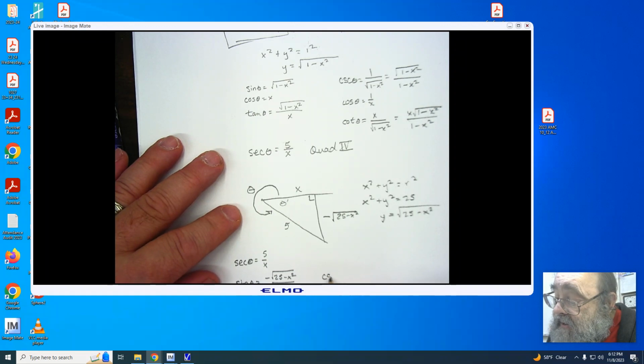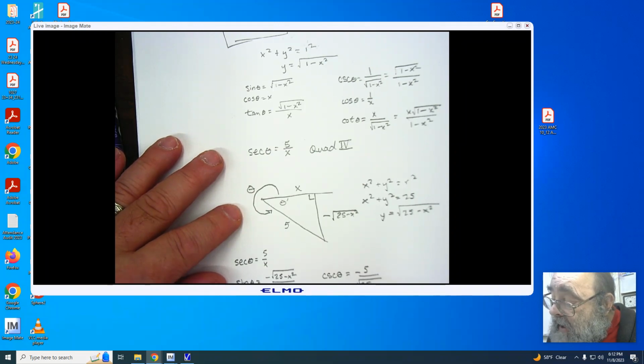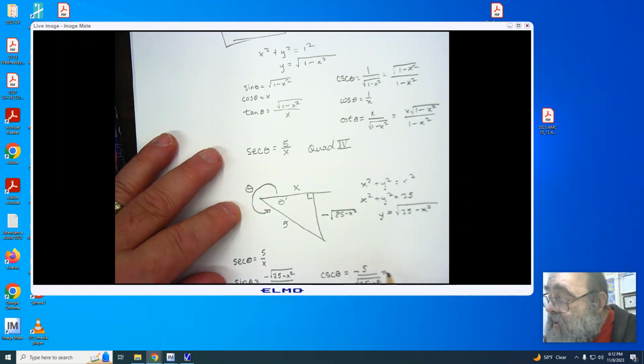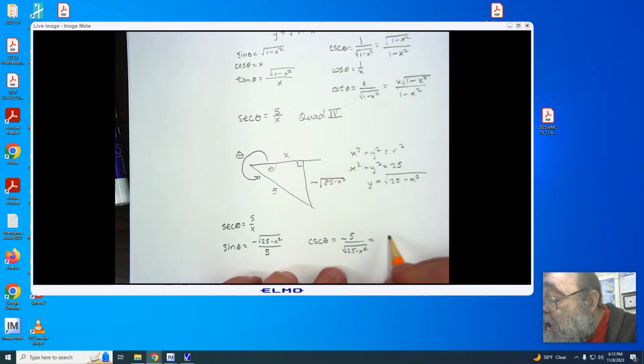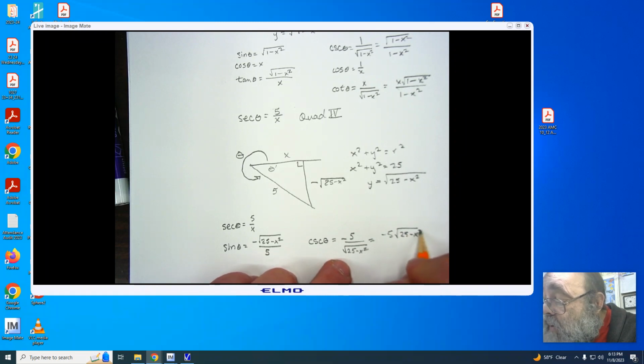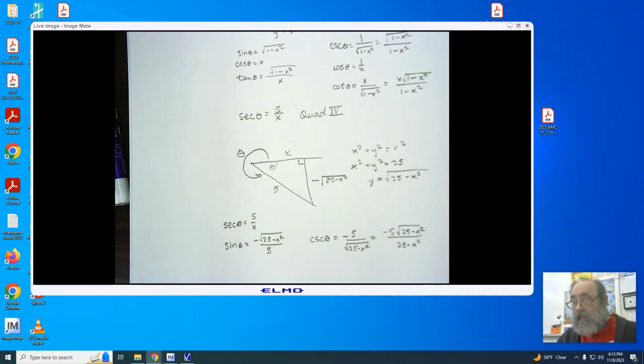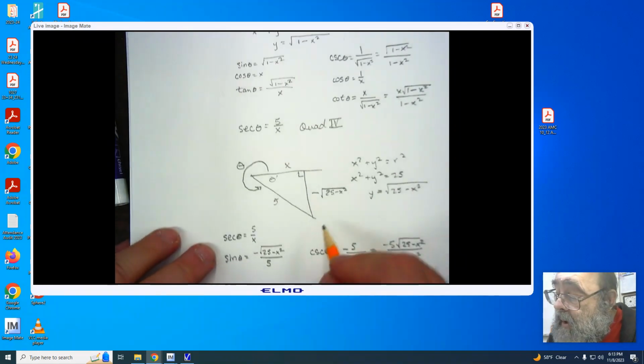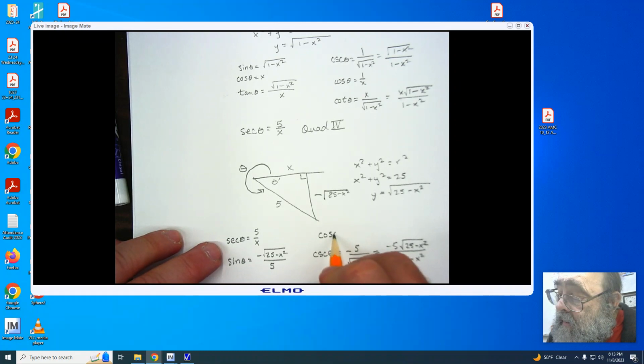That's going to make the cosecant of theta the reciprocal of that, and that's going to have to be negative 5 over the square root of 25 minus x squared. And when I move the radical into the numerator, I'm going to get negative 5 square root of 25 minus x squared over 25 minus x squared. That's my ratio. Let's go ahead and do the cosine. The cosine is the reciprocal of 5 over x, which would be x over 5.